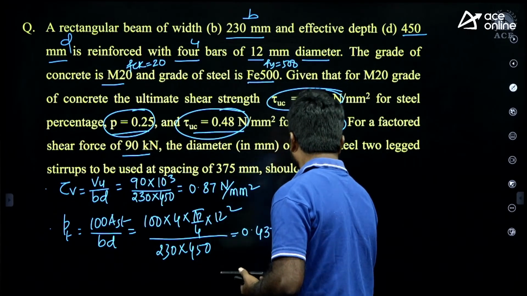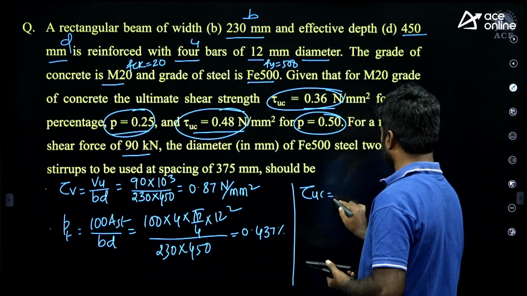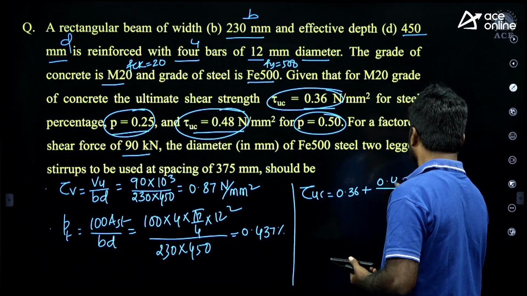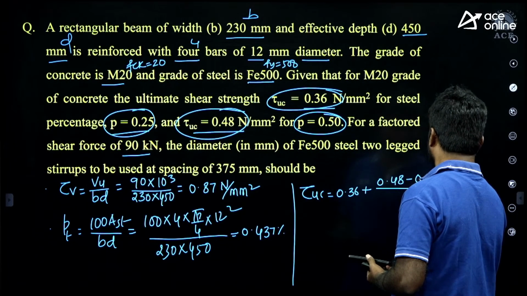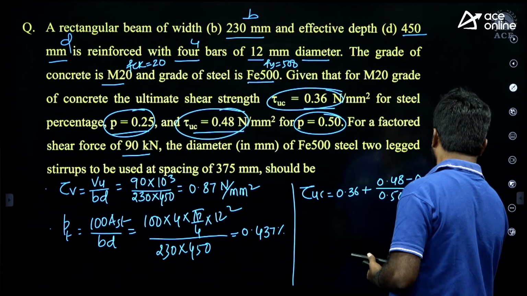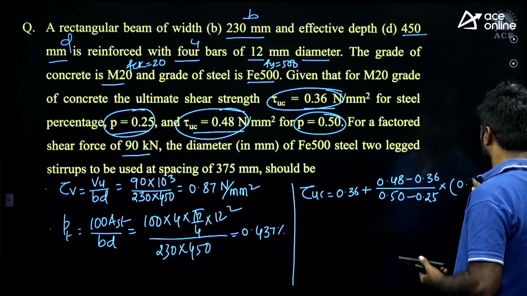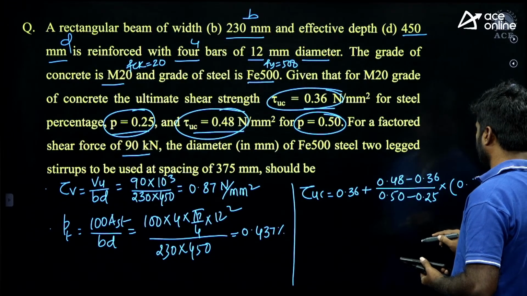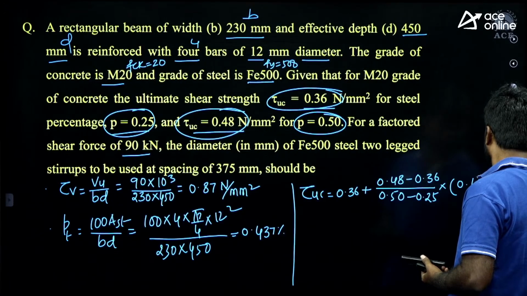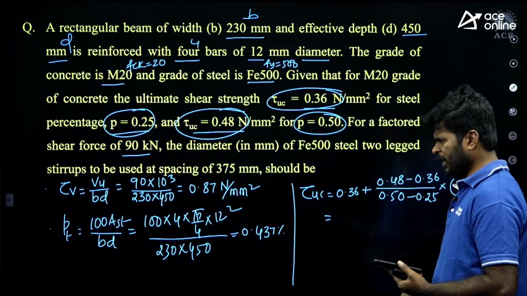Find tau C here. Tau C or tau UC equal to 0.36 plus (0.48 minus 0.36) upon (0.5 minus 0.25) into (0.437 minus 0.25). After simplification, you will get something, right?